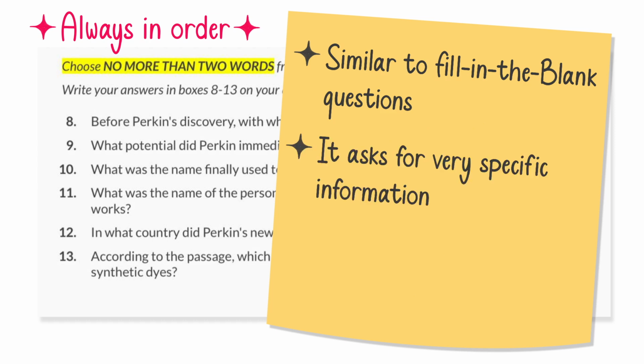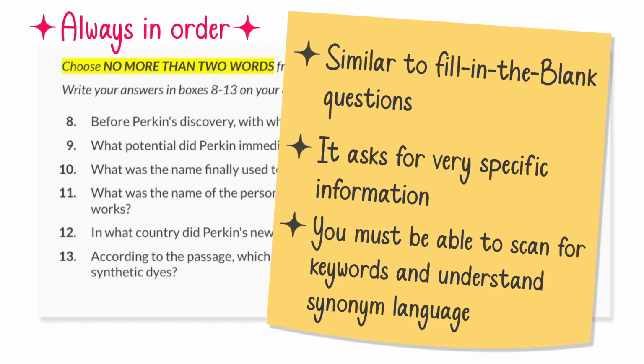It asks for very specific information, and the first important thing is that you must be able to scan for keywords and understand synonym language. Overall, if I want to say something about the reading test, I should say that it's the test of your ability to understand synonym language.